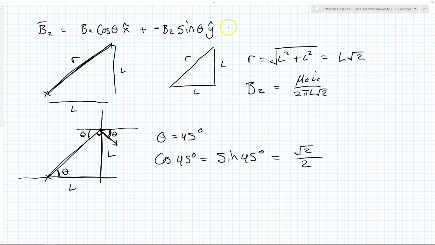So that means that I can write the magnetic field due to current 2 as its magnitude, which is mu naught I2 over 2 pi L square root of 2, times cosine of 45 degrees, which is going to be the square root of 2 over 2, times x hat, and the x component should be positive, the y component should be negative.